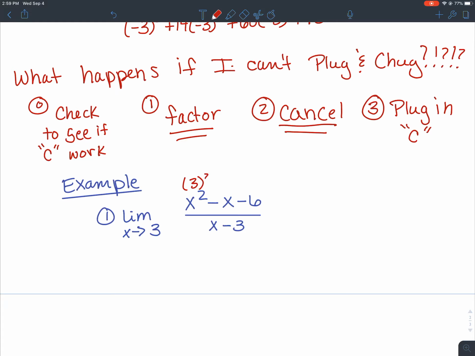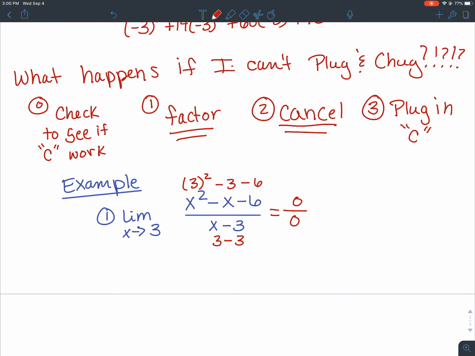So that's 3 squared minus 3 minus 6 on the top. If I type that in my calculator, I get 0. Okay, that's not the issue. It's this right here, 3 minus 3. I also get 0. So I'm getting 0 over 0. Okay, so if you get 0 over 0, that means there's something going on. So that means I'm going to have to factor, cancel, plug in. That's not my limit. I haven't found the limit yet.